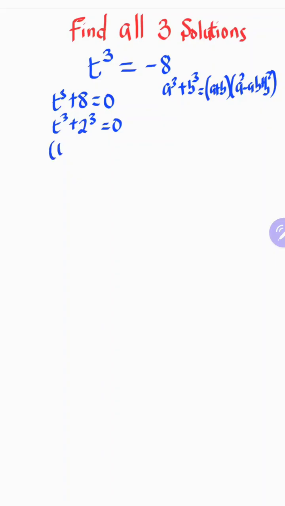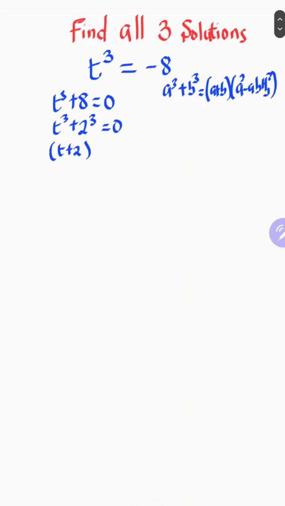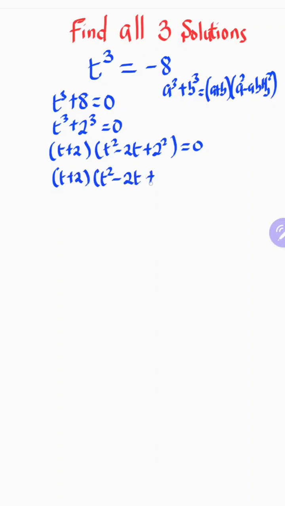So this gives me t plus 2, which is like a plus b, and also t squared minus 2t plus 2 squared equals 0, which is the same thing as (t plus 2)(t squared minus 2t plus 4) equals 0.